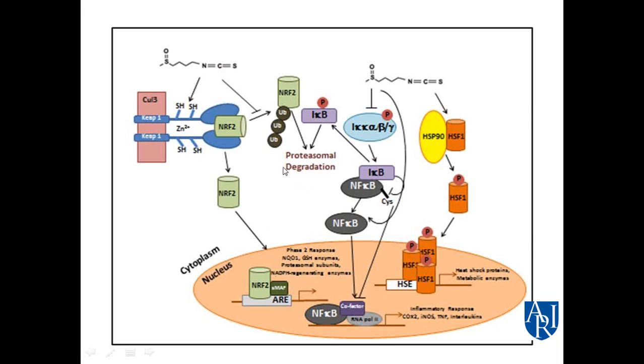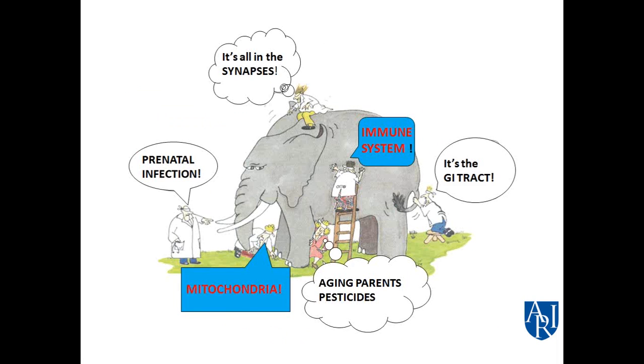So these are 3 important metabolic pathways that may be affected in fever, and we're hoping that molecules like sulforaphane that are non-toxic and from nature might be able to simulate some of the beneficial functions of fever in autism.